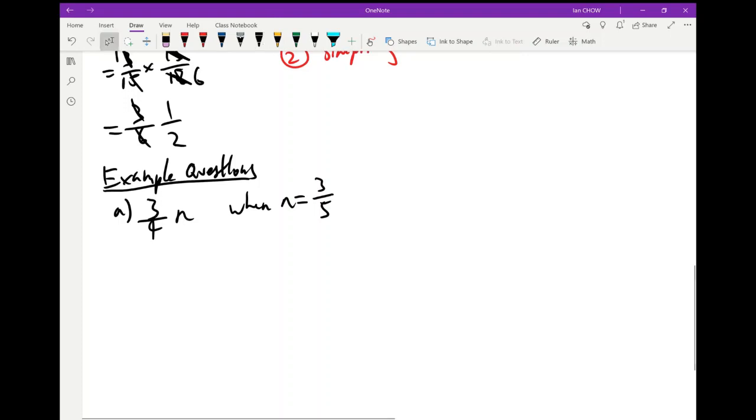Now sometimes there isn't any simplifying that you can do if there are no common factors between the top and the bottom. If that's the case, then we just multiply out the fractions and leave it, and try to simplify it afterwards if possible. And then for B, let's say we have 2 over 3x when x is equal to 4 over 9.